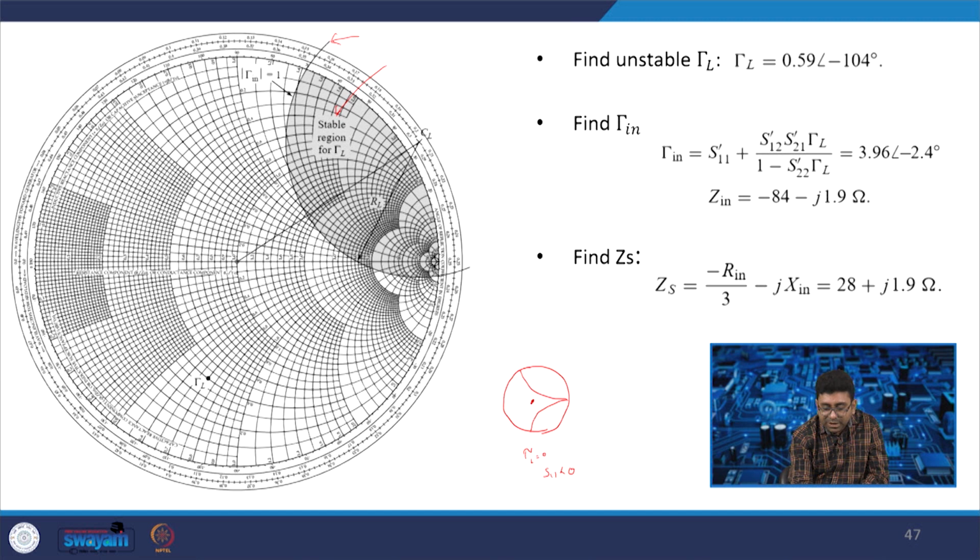This point is stable if S11 is less than 0, and otherwise this point is unstable. So, gamma L equal to 0 is unstable if S11 is greater than 0.